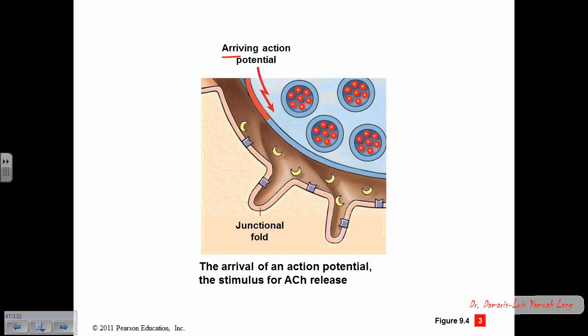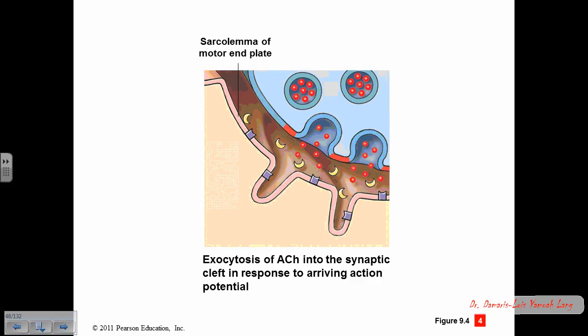So let's look at the illustration here. This is showing us what? Action potential getting to the end of the neuron. And then the presence of what? Calcium is causing the vesicles to fuse to bring about exocytosis to cause the release of what? The neurotransmitters. Are you all seeing this?